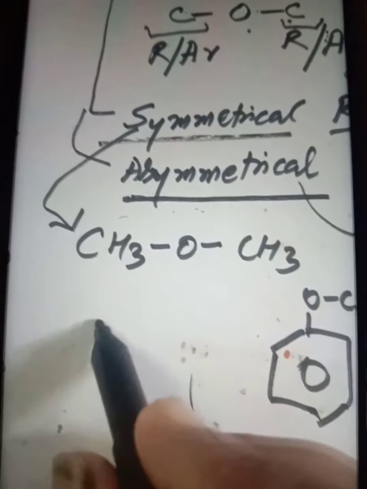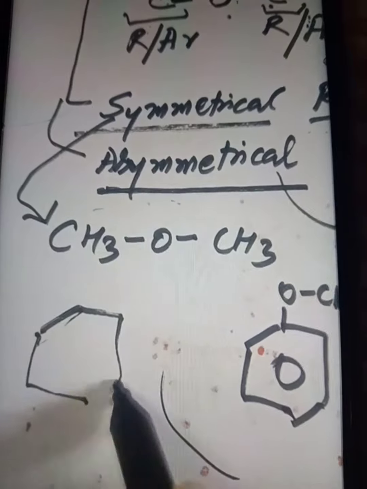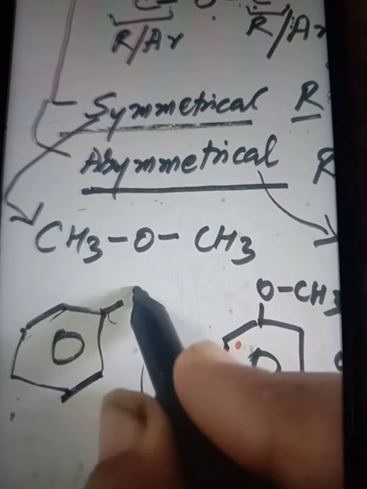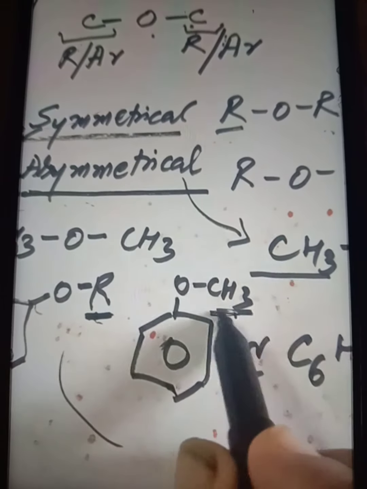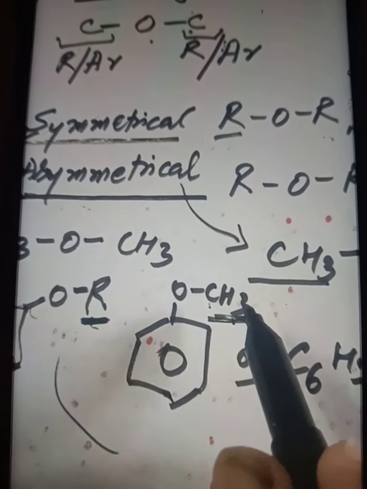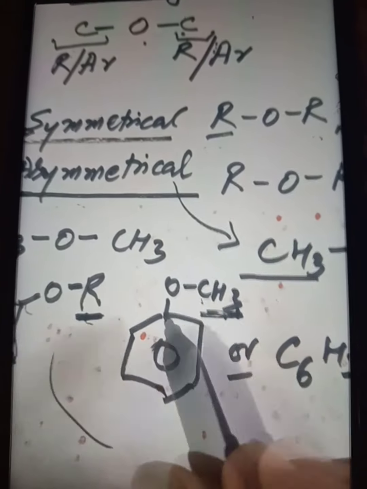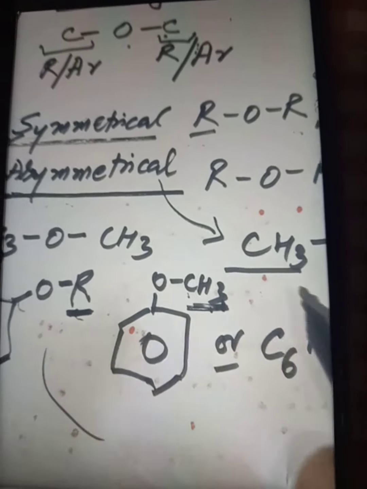This particular compound comes in the category of this ArOR. One side alkyl group, other side aryl group. Here in place of alkyl group, I have taken methyl. It may be ethyl, it may be propyl, butyl, like this.